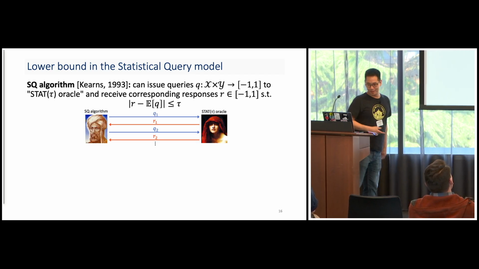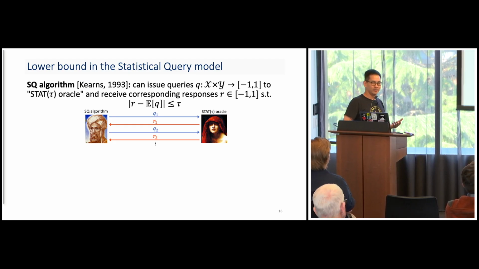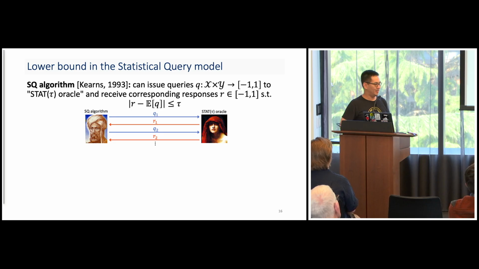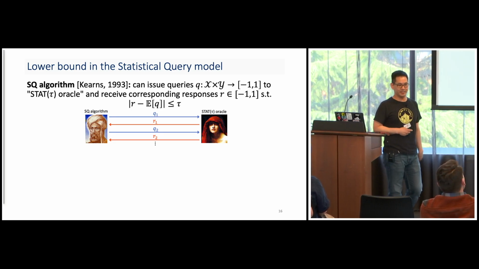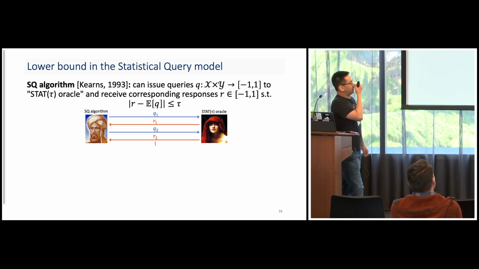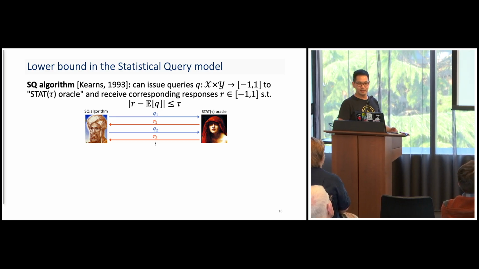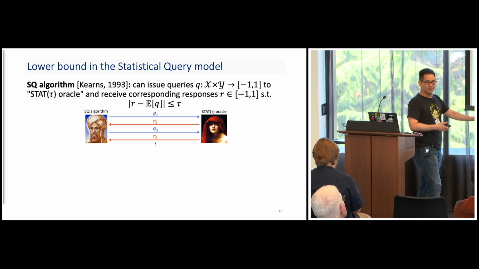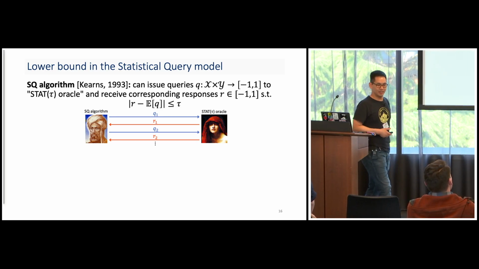Here's my cartoon interpretation. SQ is a theoretical model for thinking about certain classes of learning algorithms, and you constrain what kind of access to information the algorithm or learner has. The learner never gets to see data. The learner just has to ask questions about the data, and someone else has access to the data and gives you answers about those questions.